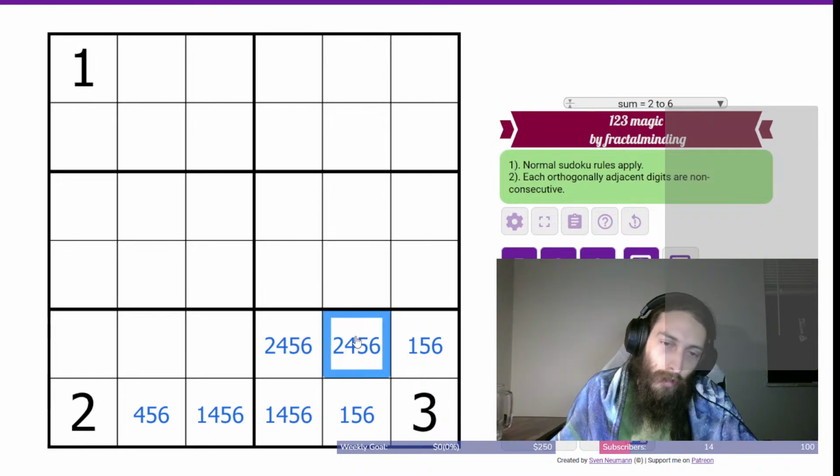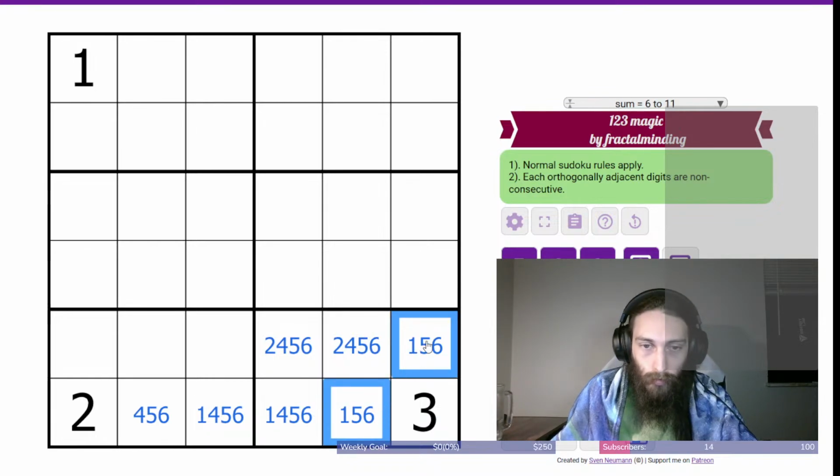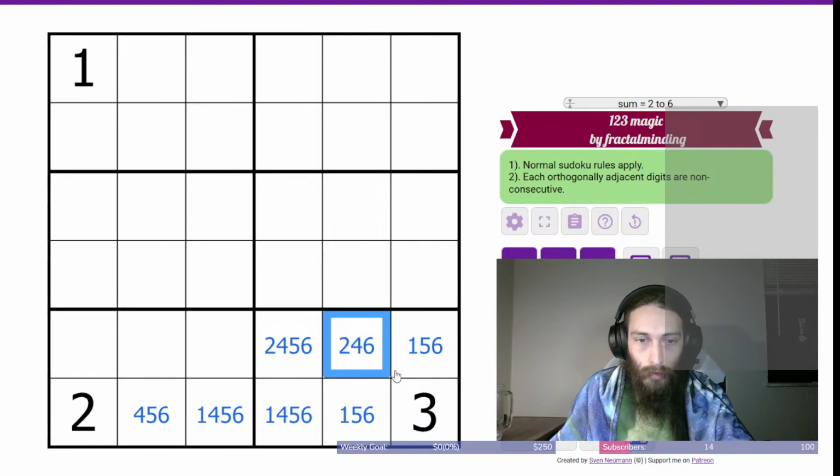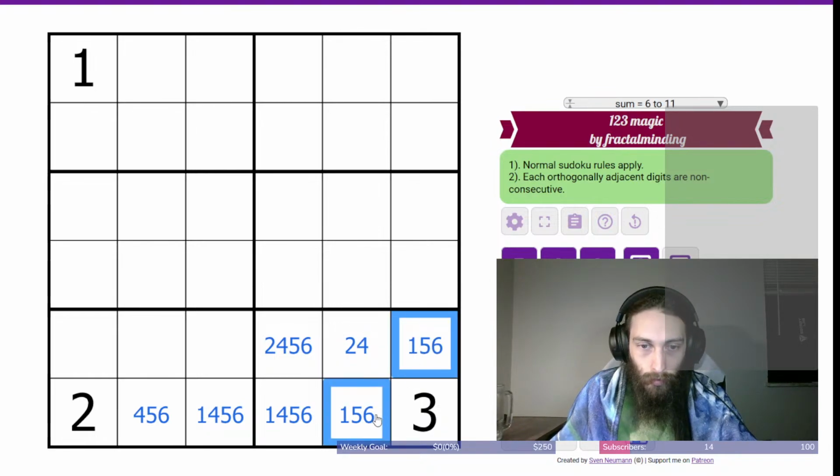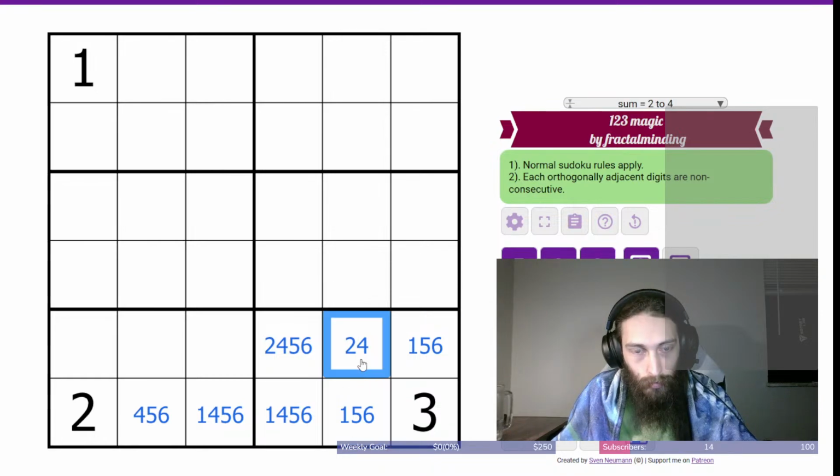Well, this can't be 5 or 6, can it? Because if it was a 5, neither of those would be 6, and they'd both be 1s. And the same applies for 6, because both of those wouldn't be allowed to be 5, and they'd both be 1s.